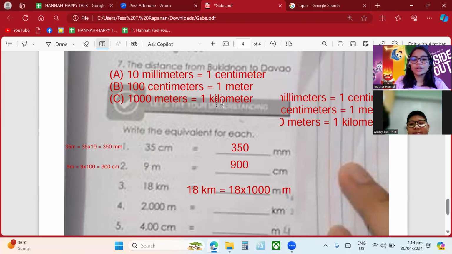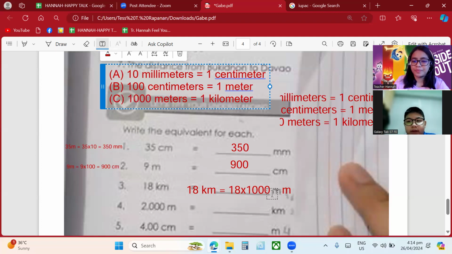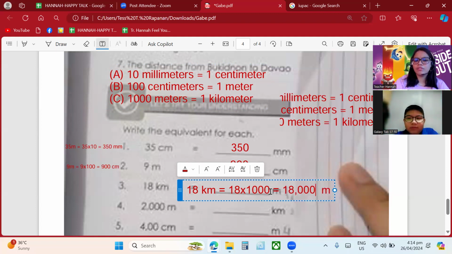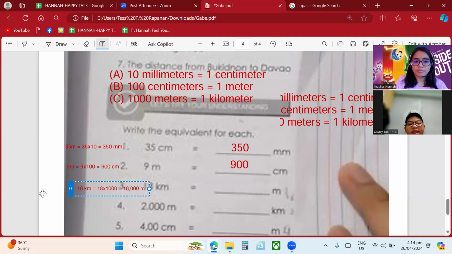Okay. So remember, look at letter C only. We have kilometers. We need meters. So that's why we multiply it with 1,000. Okay, so what's the answer here? 18 times 1,000. 18,000. Very good. 18,000 what? Meters. Very good.